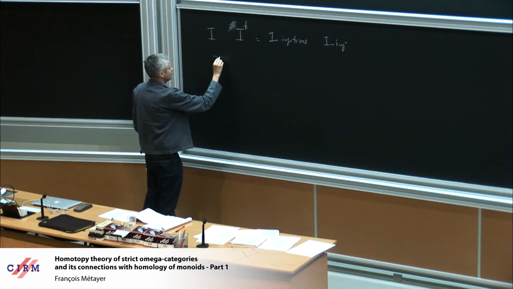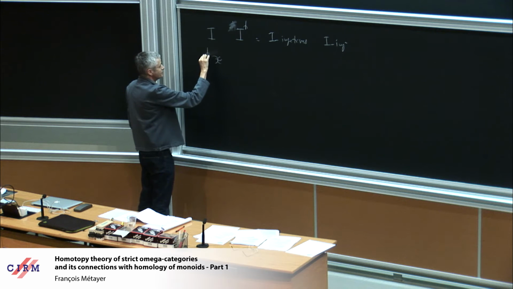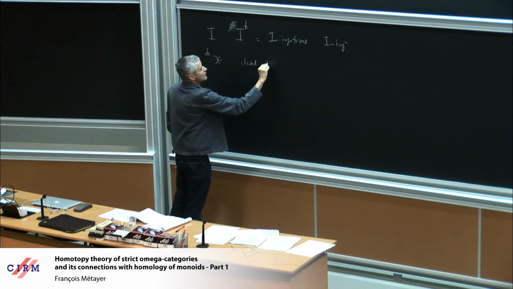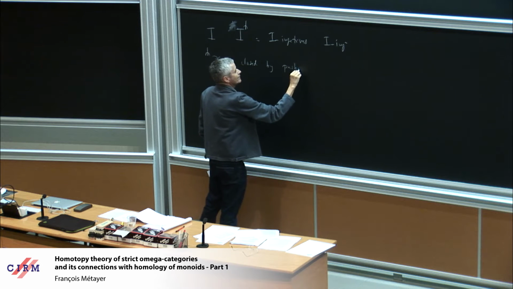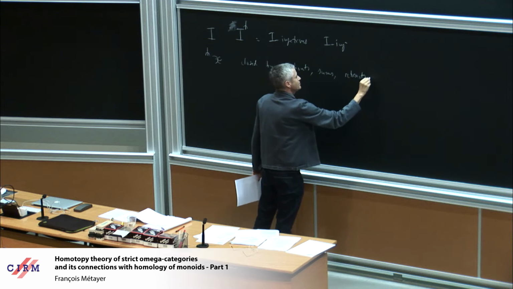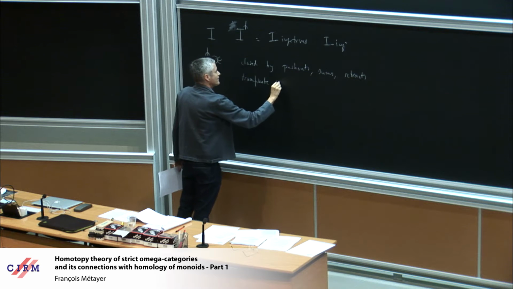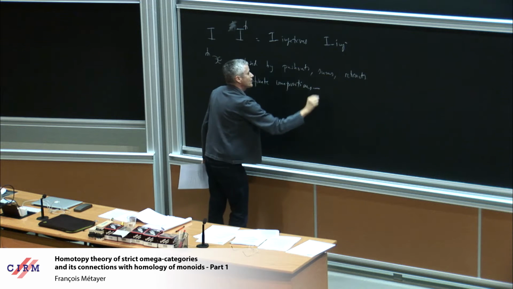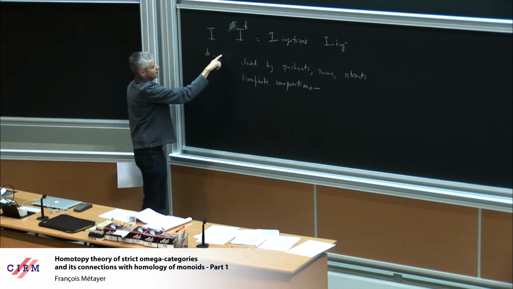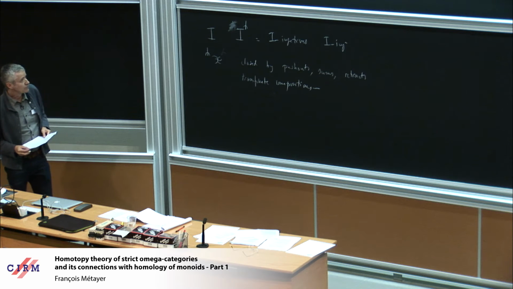For instance, whenever X is a class of morphisms, then a class like this is always closed by push-outs, sums, retracts, transfinite compositions, and the X on the right is of course closed by pullbacks, products and the dual properties.